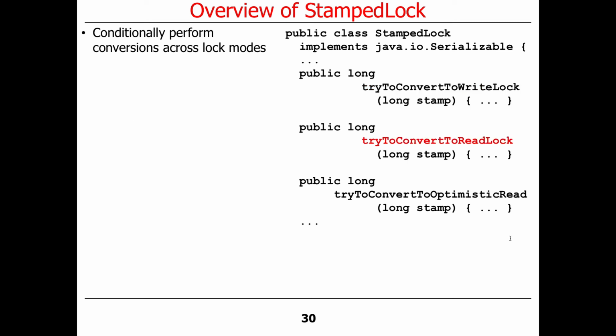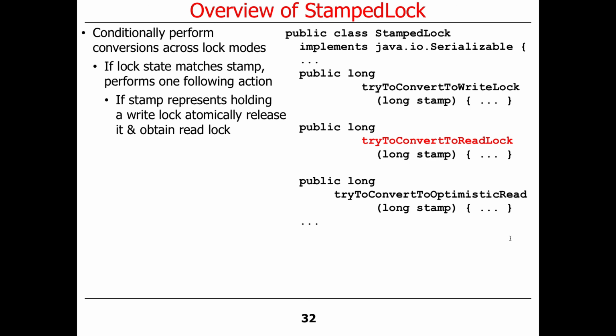We'll talk later about how you adapt to that or how you follow on to this and compensate for it. There's also a way to try to convert something to a read lock, and what that does is if it's currently a write lock, it will go ahead and atomically release it and obtain a read lock. That's what's called lock downgrading. So you go from having a write lock, which is the most powerful form of locking because it's exclusive, and downgrade it to a read lock.